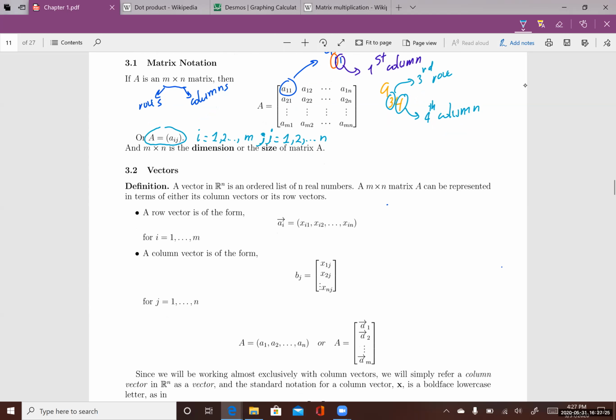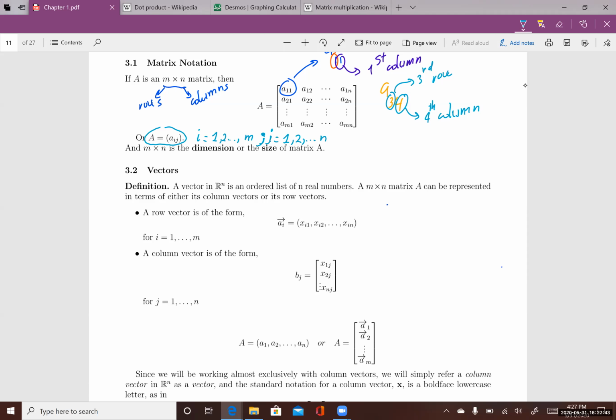Okay. And m by n is the dimensions or the size of matrix A. So m by n tells you the number of rows and the number of columns. That's why it is called the dimension or the size of matrix A.